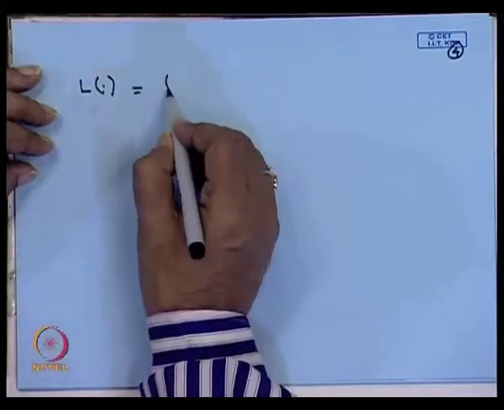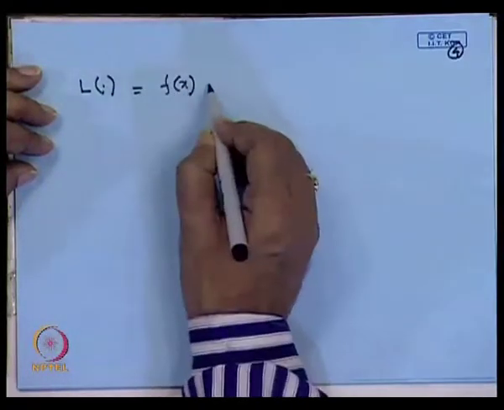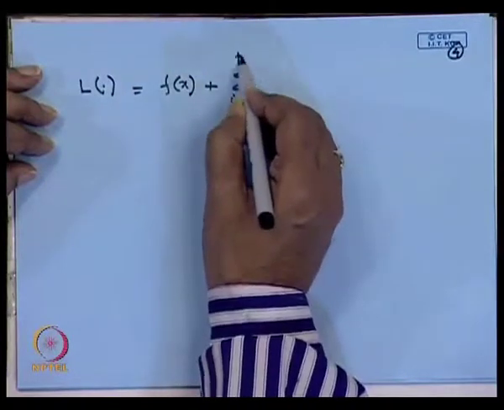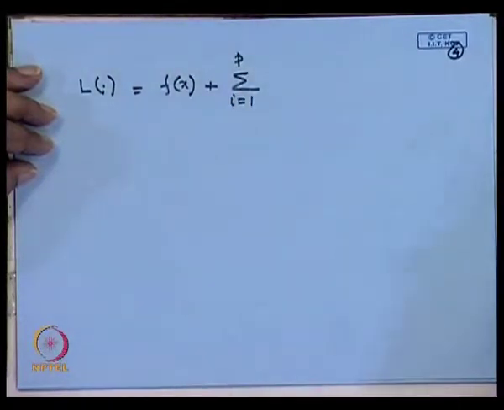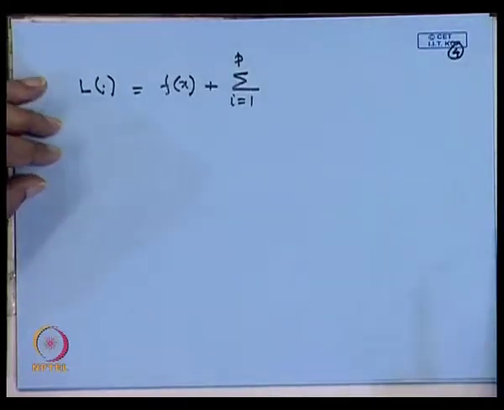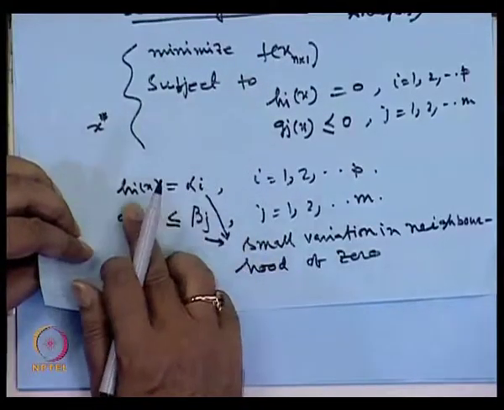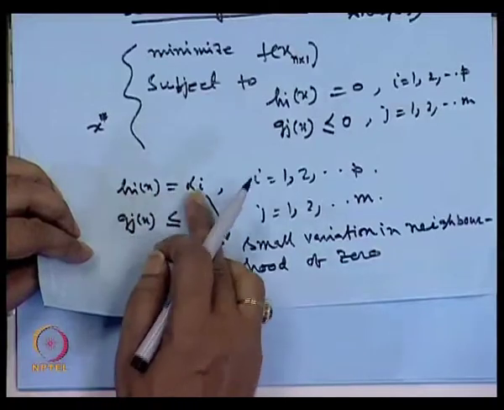So, we can write our Lagrangian function L, this is equal to our f of x plus summation of i equals 1 to p. Now, our equality constraint part is alpha i, you take it to the left hand side.